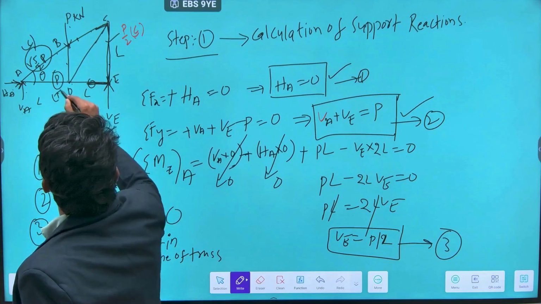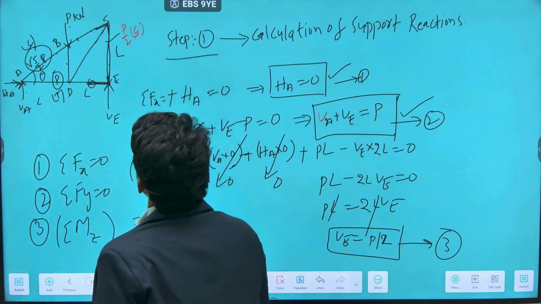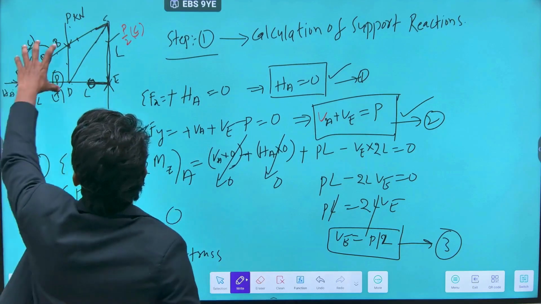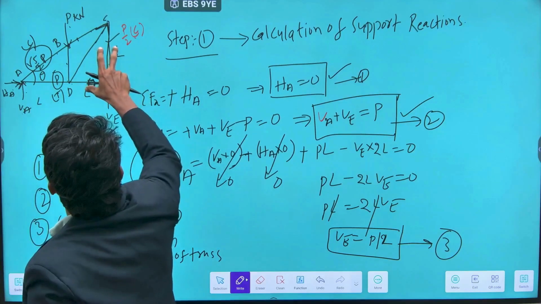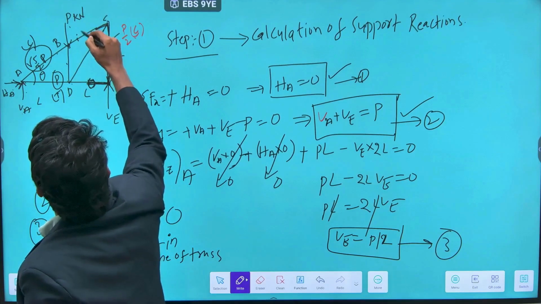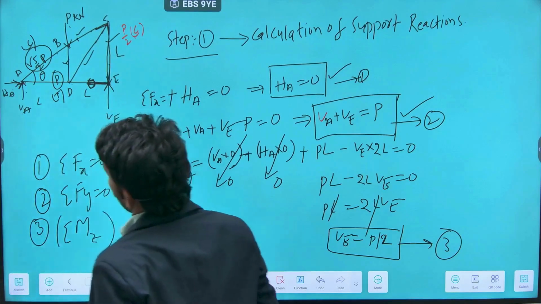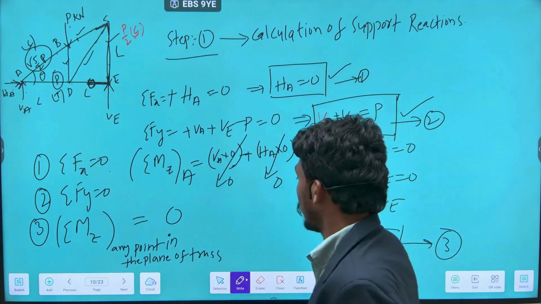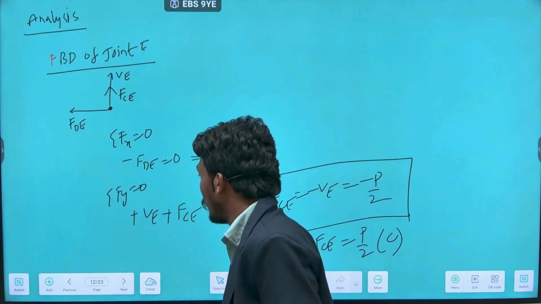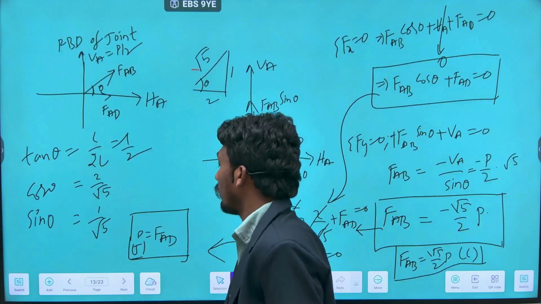So this is tension, that is compression, this is 0 force. Now these two we have calculated, and the leftover forces are these two. So likewise, we can apply equilibrium equations at all the joints.